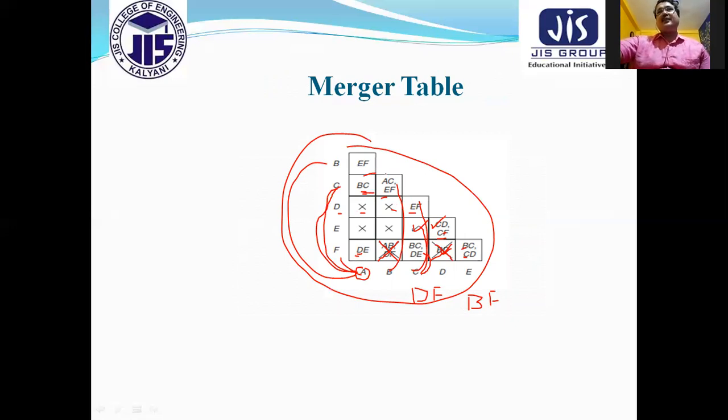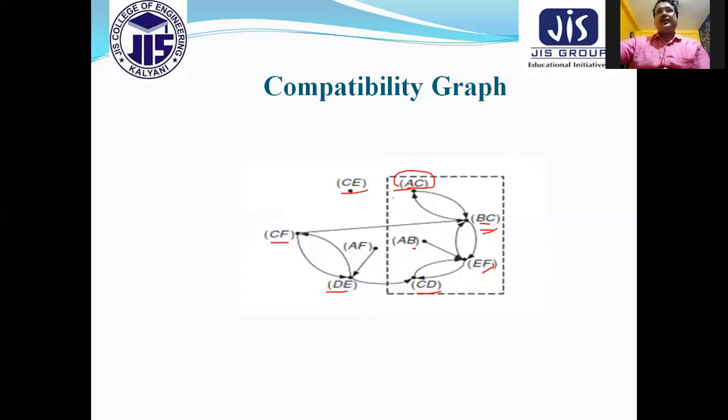Again, from this graph, we can say that from BC we have to draw a direct edge to AC to EF. Why? Because these are the implied pairs.